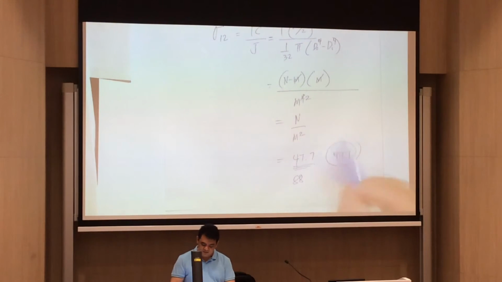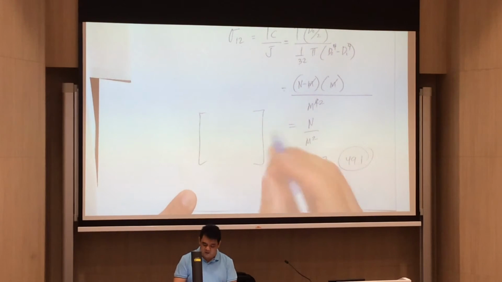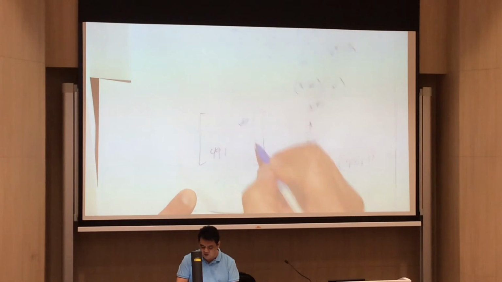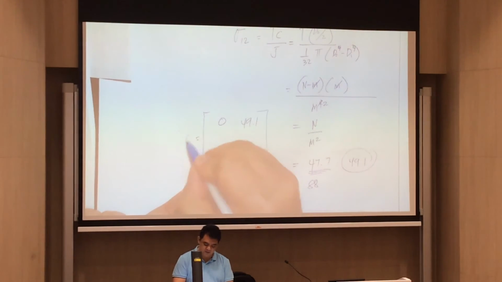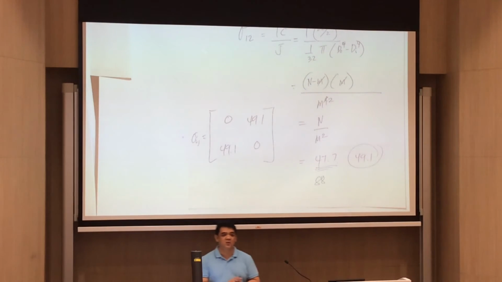So if you're going to write your 2x2 tensor, you have now 49.1, 49.1, and then you have there to be 0. I think the others you will be able to get now. It's quite straightforward.